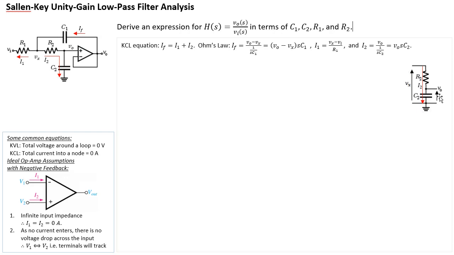So I can write a potential divider equation that relates Vx, R2, C2, and Vo.